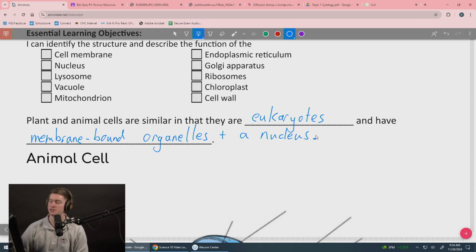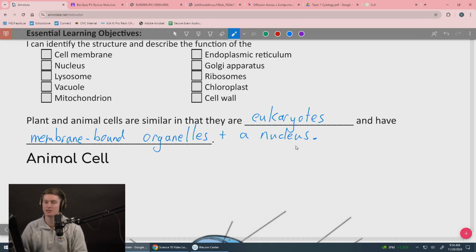Plant and animal cells are similar in that they are eukaryotes, they have membrane-bound organelles, and a nucleus. This piece that I've just written, membrane-bound organelles and a nucleus, is the definition for what a eukaryote is.